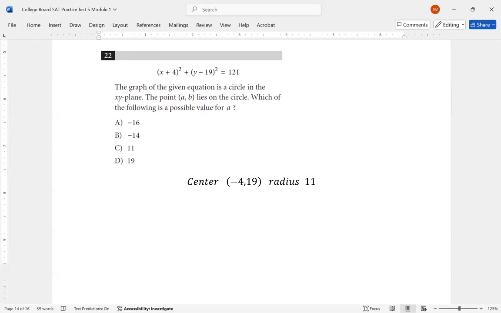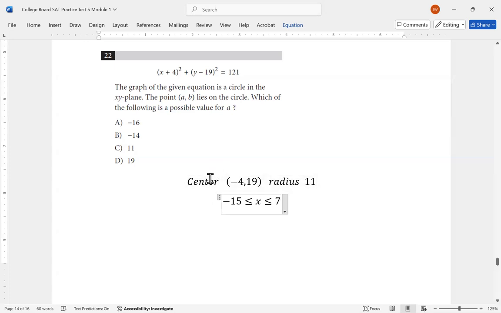So the x values are going to start at negative 4 and subtract our radius of 11, and start at negative 4 and add our radius 11 going the other way. So the x values are all between negative 15 and positive 7.